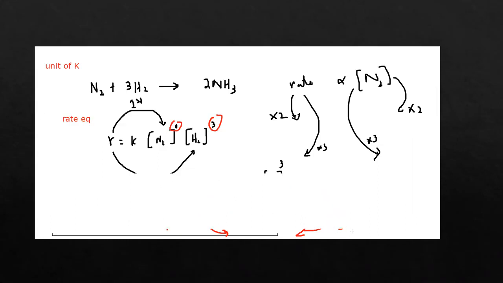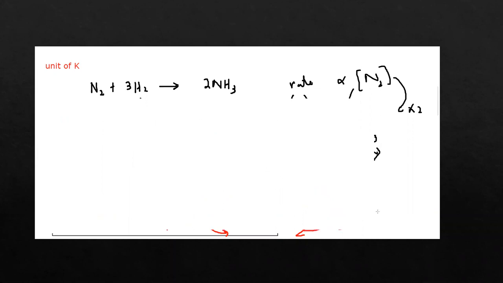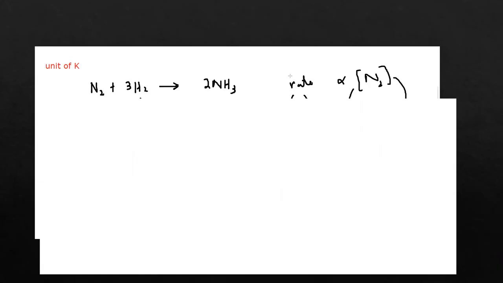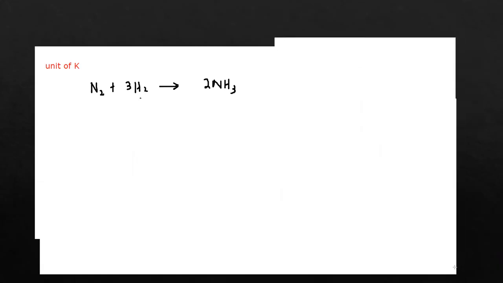We have the rate equation: rate is equal to k times the concentration of nitrogen and the concentration of hydrogen raised to power 3. Now we need the unit of k. So what is the unit of rate? Rate is mole per dm cube per second.